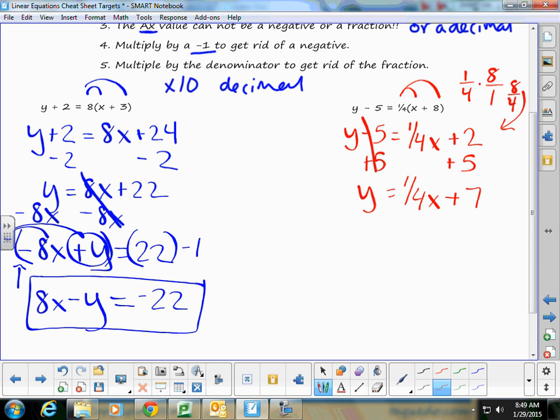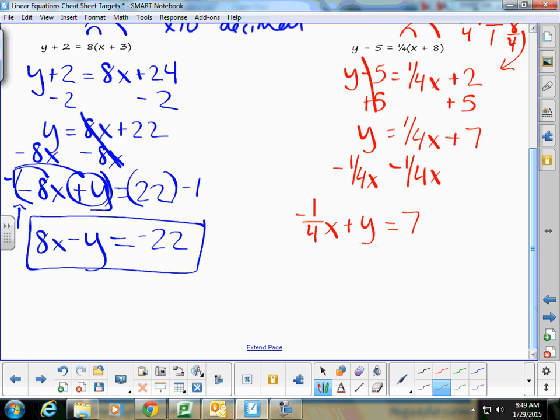Trying to bring my x to the other side. Subtract 1/4 x. So I have negative 1/4 x plus y equals 7. I'm not done for 2 reasons. I have a fraction and a negative in the a spot. You could do 2 separate steps, multiply by 4 to get rid of the fraction, multiply by -1 to get rid of the negative, or you could do that step all in one and multiply by a -4.